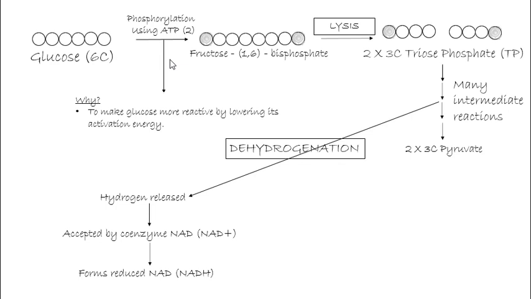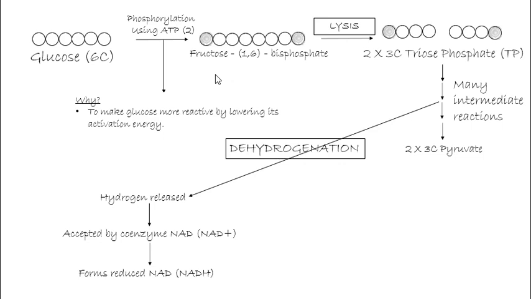So when you take two such ATP molecules and hydrolyze them to adenosine diphosphate, then the inorganic phosphates are taken and added to the first and sixth carbon atoms of glucose to form fructose 1,6-bisphosphate. So in short, I can say two ATP molecules are used to phosphorylate glucose.